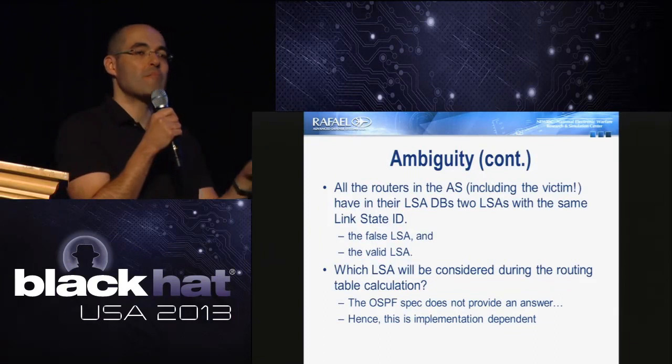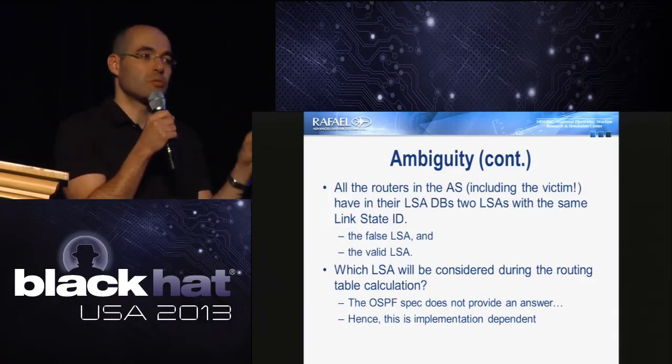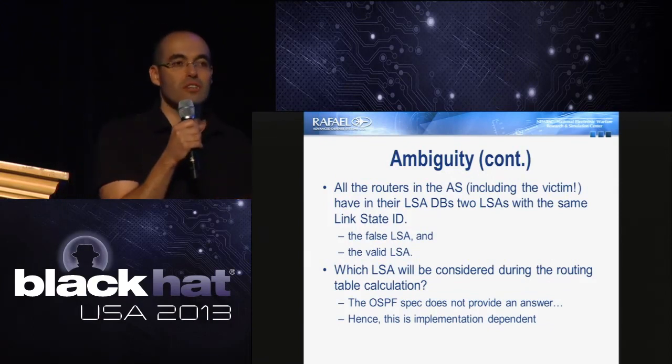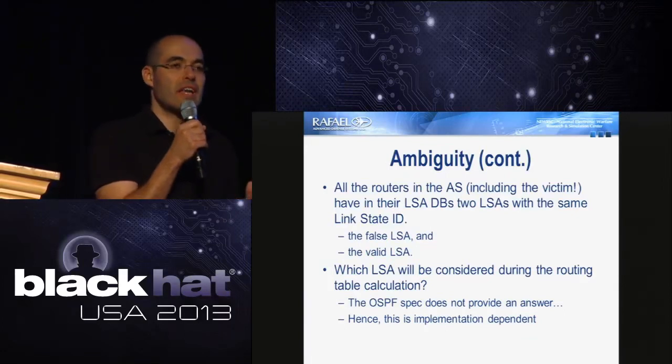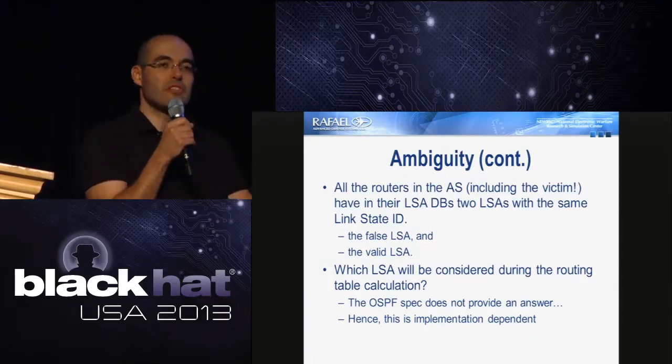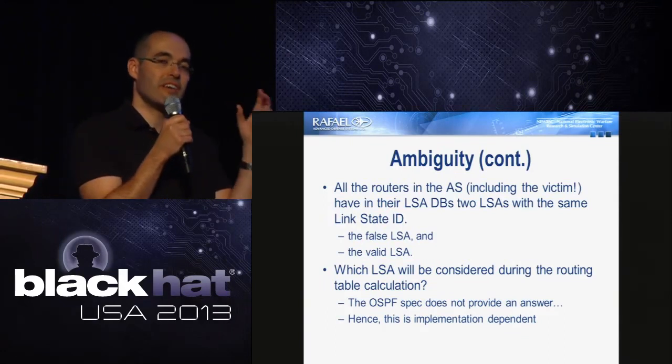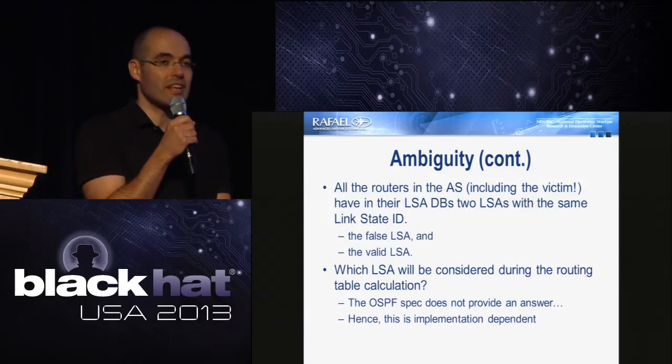They both have the same exact link state ID, which equals the victim's own router ID. So this gives rise to the following question. During the routing table calculation, when the LSA of the victim router is fetched, which LSA will be fetched? The false LSA or the valid LSA?